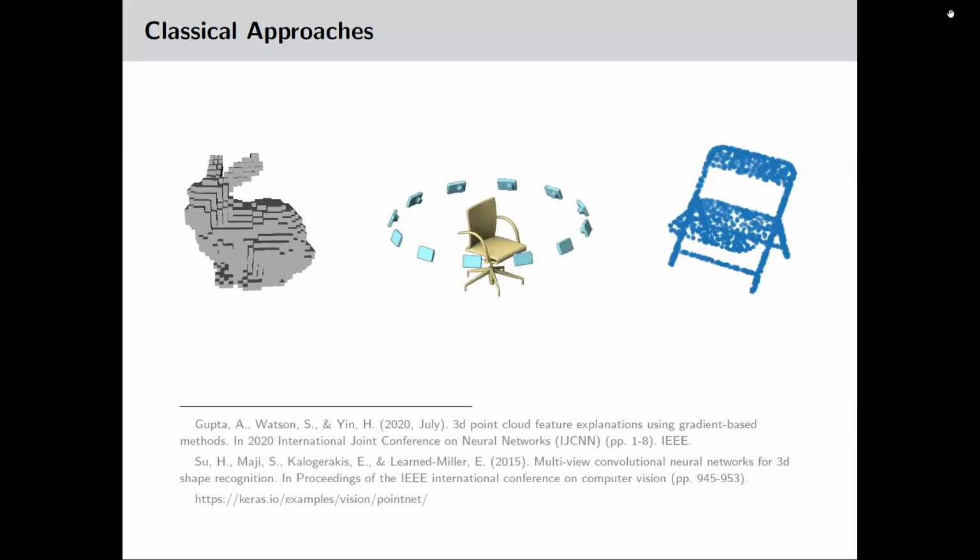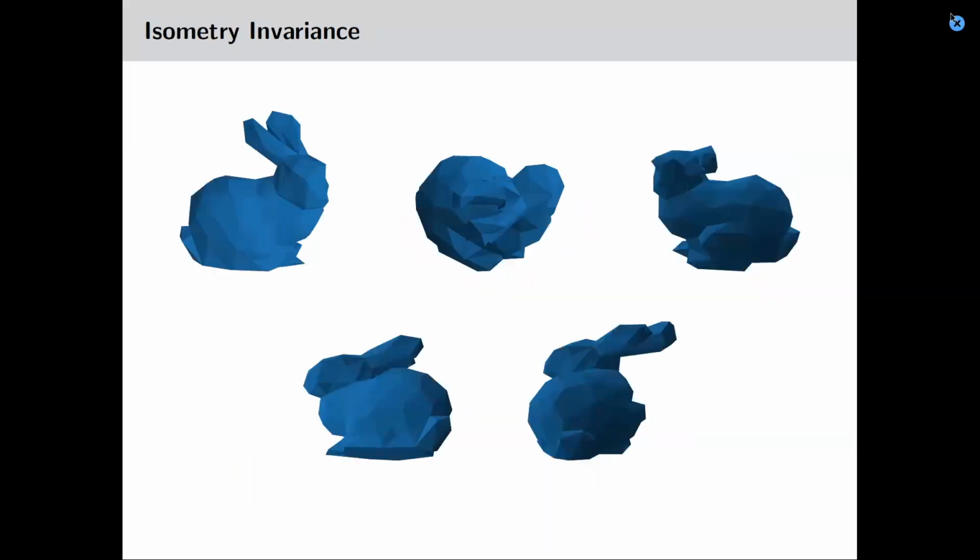But I want our representation to have two types of invariance. The first one is isometry invariance. Okay, on this slide, we have 5 triangle meshes of rabbits. And in fact, these 5 were made from one mesh. I rotated, translated, and sometimes mirrored the mesh data to make these 5 meshes.